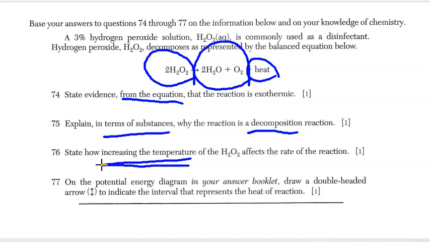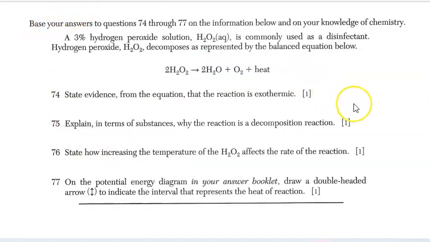It actually is both. So the amount of energy that the molecules possess and the number of collisions both go up. All right, for 77, there would be a potential energy diagram on the answer booklet. I'm going to just draw one here.